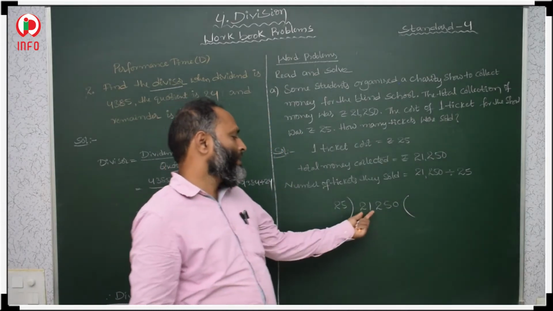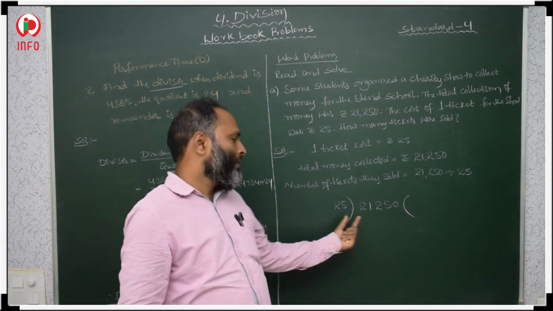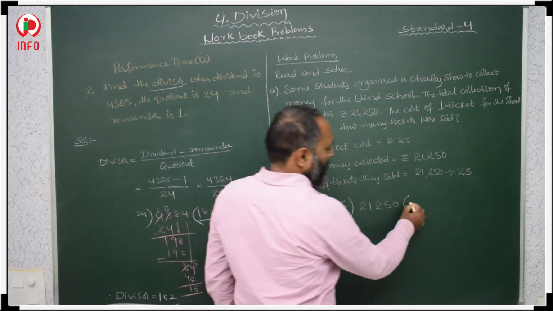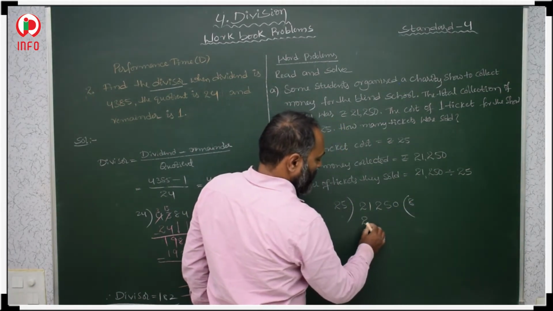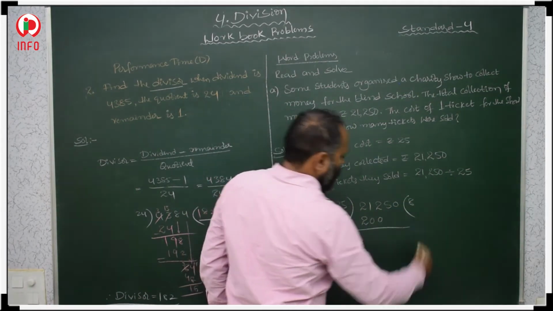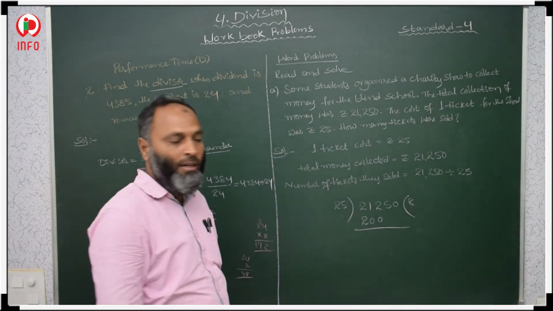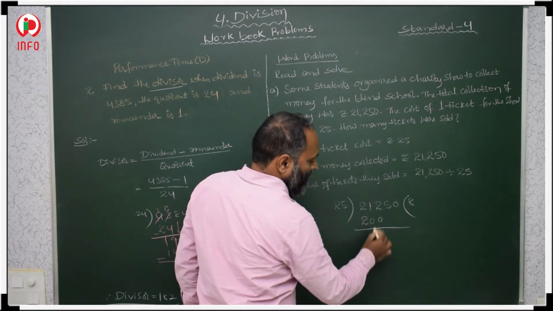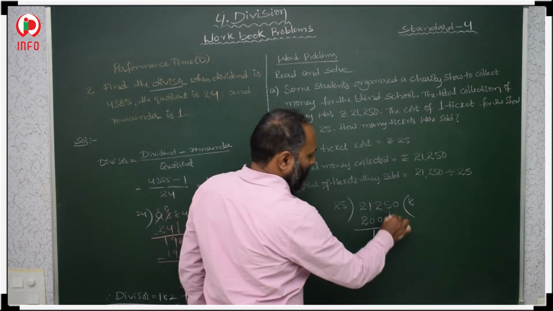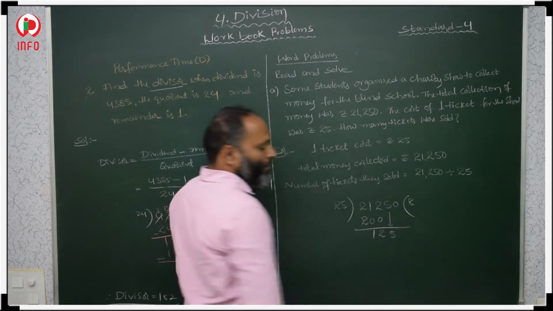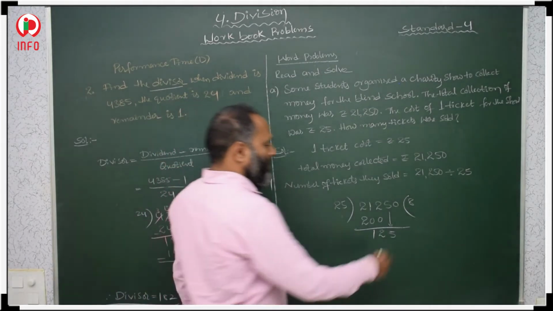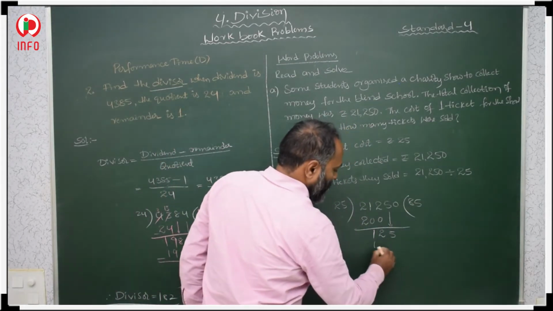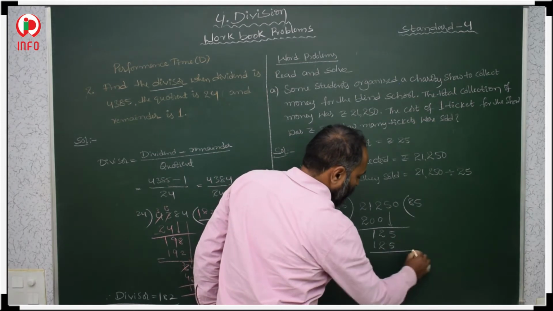First, 21 is less, so we have to take 212. 25 8s are 200. Then subtract: 2 minus 0 is 2, 1 minus 0 is 1. Then after that 5. 25 5s are 125. Then 0.